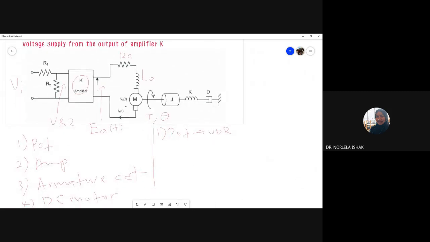Meaning we want to define the output from the potentiometer. So meaning the output is VR2 equal R2 over R1 plus R2, and then you have to multiply with the input. Okay, you have to multiply with the input.